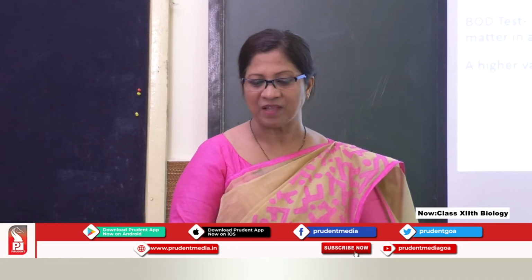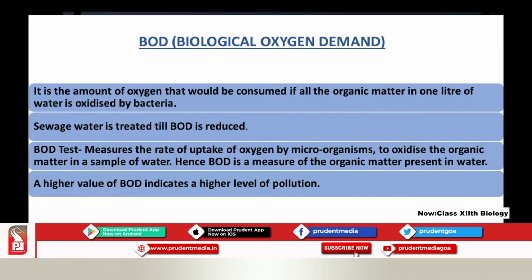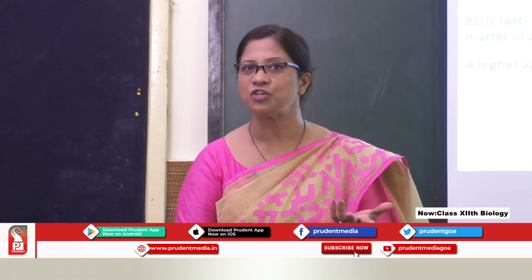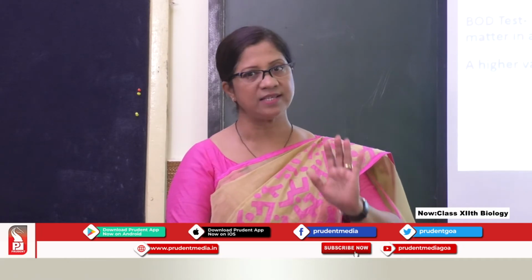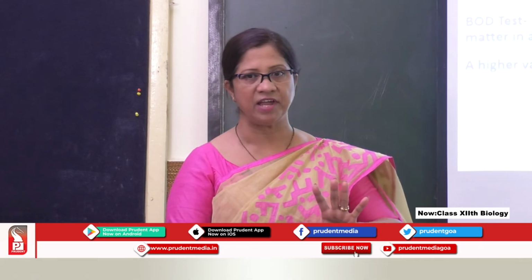So, now what will happen here? A higher value of BOD indicates a higher level of pollution. Higher the BOD, higher will be the level of pollution. Now, what is pollution? Pollution is the amount of organic matter which is present in the water, in the sewage.